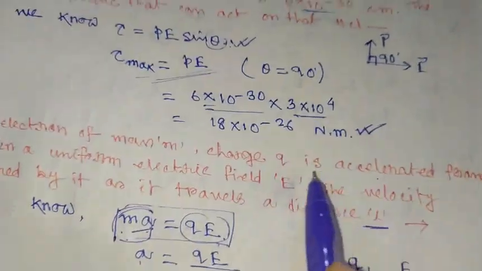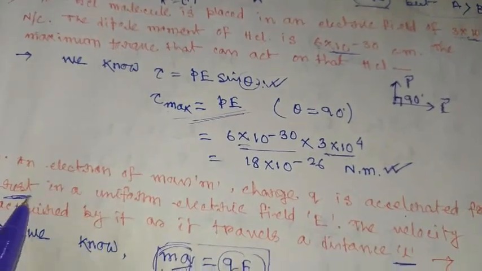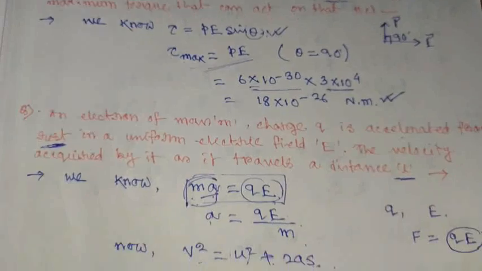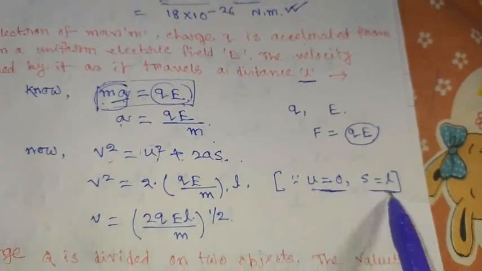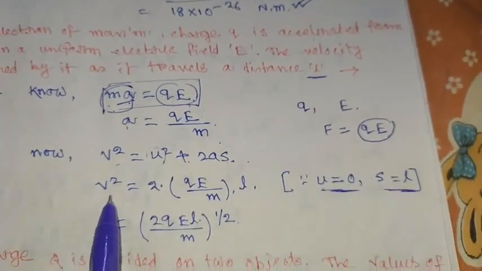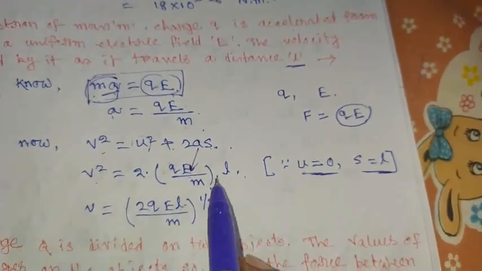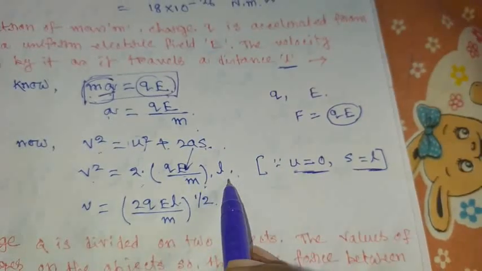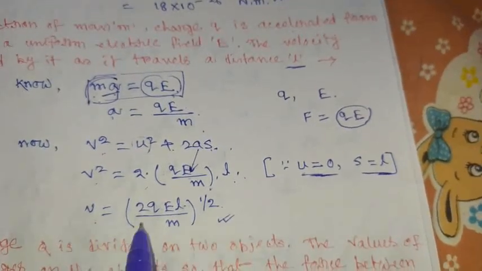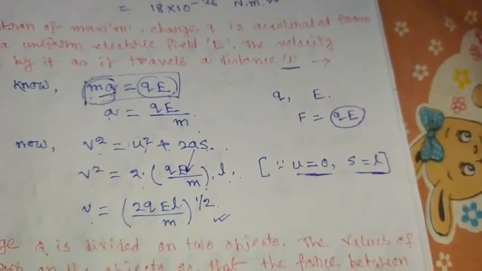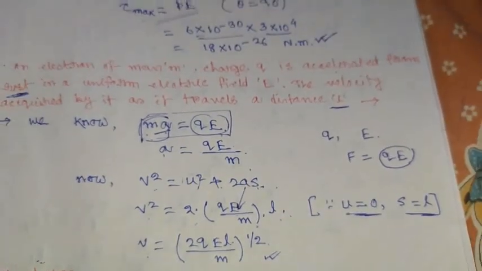The charge is at rest, so its initial velocity u is 0. Putting u equals 0 and displacement s equals L, we have v square equals 2qE by m into L, because a is qE by m. So the velocity is the square root of 2qEL by m. Okay, I hope it is clear now.